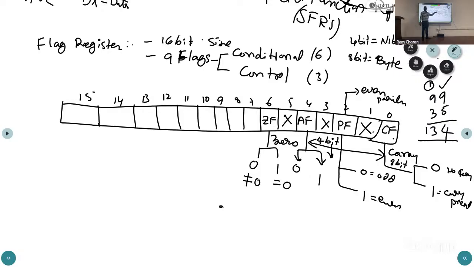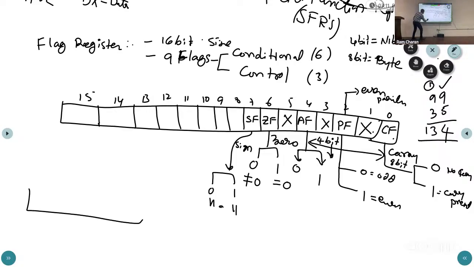Next after this, sign flag. This is sign flag, sign, and here also same 0 and 1. Now if you are taking the 1 bit, 1 2 3 4 5 6 7 8 bit, 8 bit data, and if you expand further to 16, it will be 16 bit.